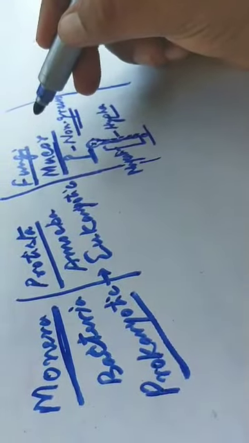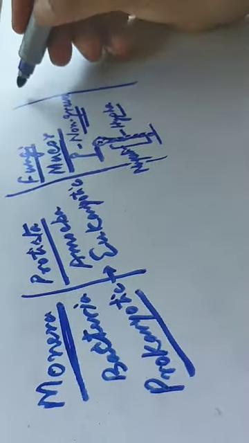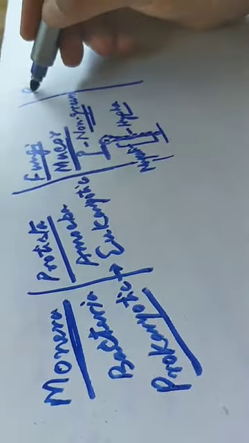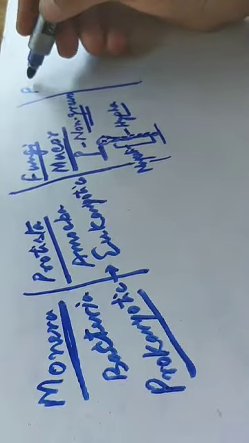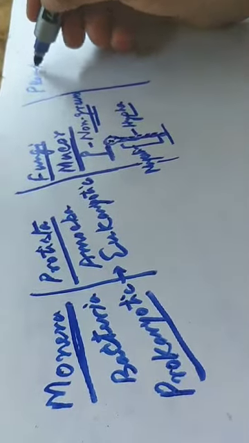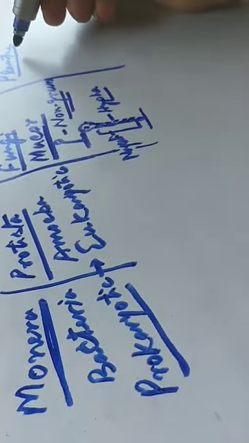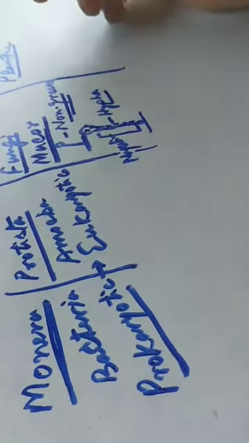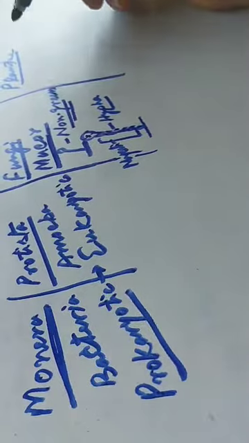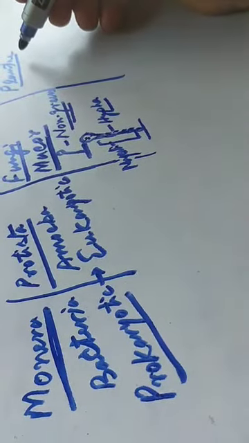Now how many are remaining? 2 are remaining. The next kingdom that Robert H. Whittaker suggested was Plantae. So Plantae is the same as you have already read about plants, and you are very familiar with plants. You come across them in your everyday life.